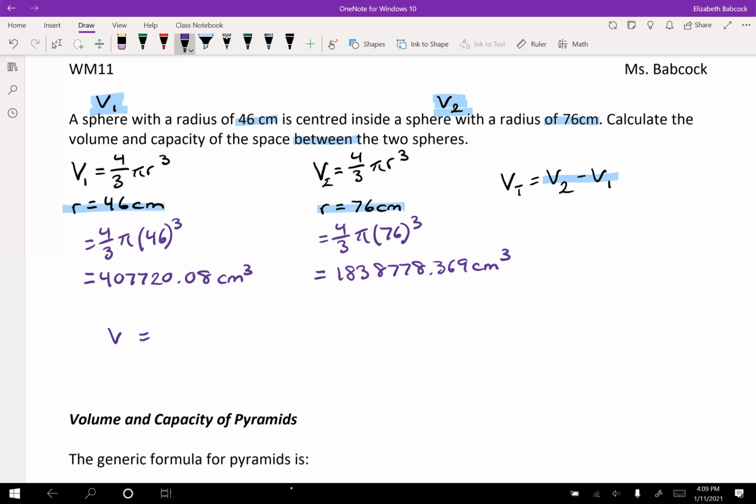So 1,838,778.369 minus 407,720.08 gets you a total difference of 1,431,058.29 for your volume in centimeters cubed.